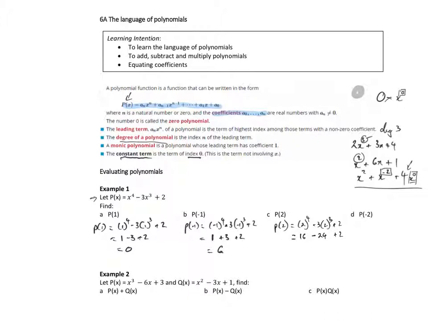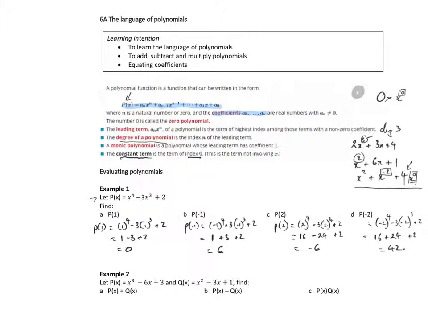So 16 plus 2 is 18, minus 24 is negative 6. P of negative 2 is equal to negative 2 to the 4 minus 3 times negative 2 cubed plus 2, which again is positive 16. Negative 8 times negative 3 is positive 24, plus 2, which is 42.